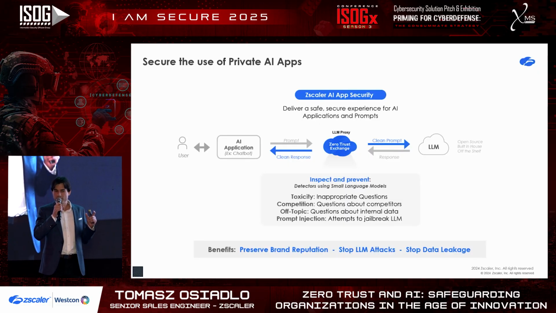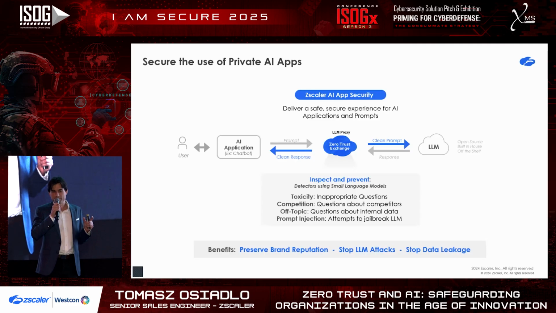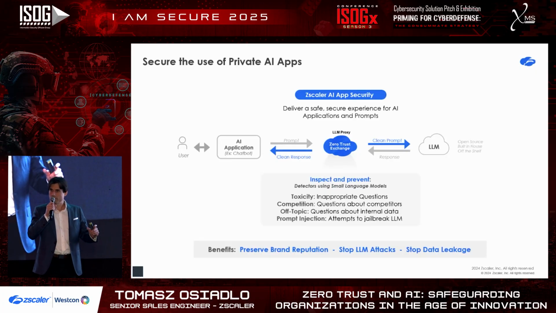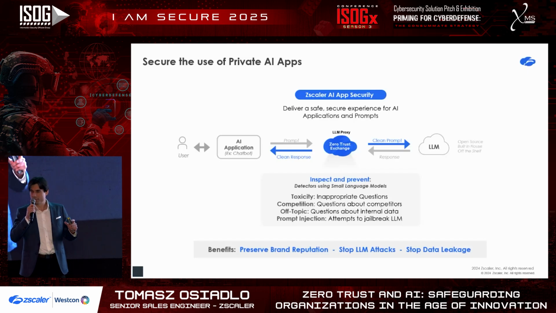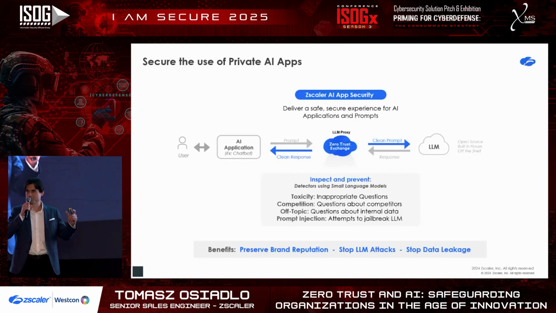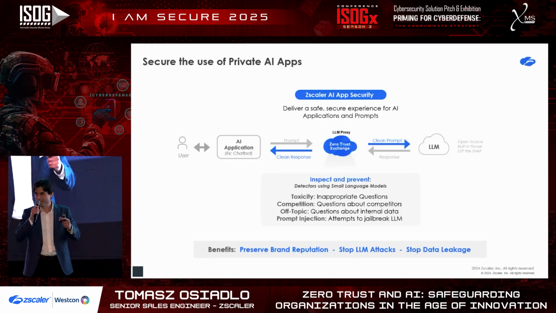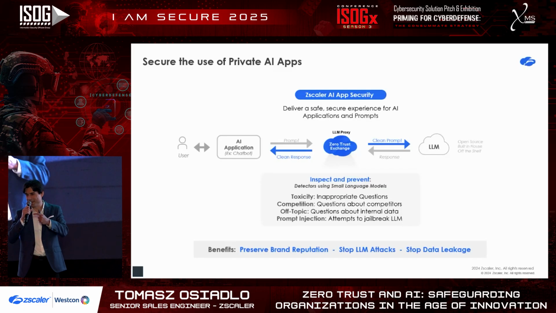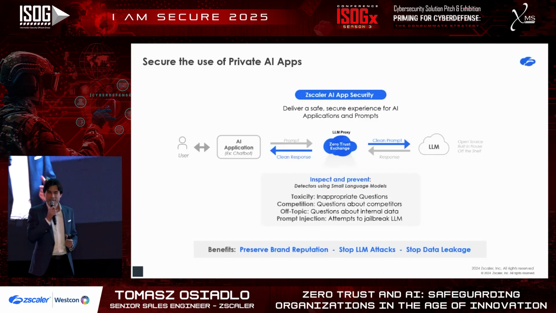And the concern with these use cases is that customers are worried that the LLM engine can be jailbroken and potentially exfiltrate sensitive information, or someone could ask a question about competition, and that chatbot could potentially recommend another product, highlighting why that product is better.